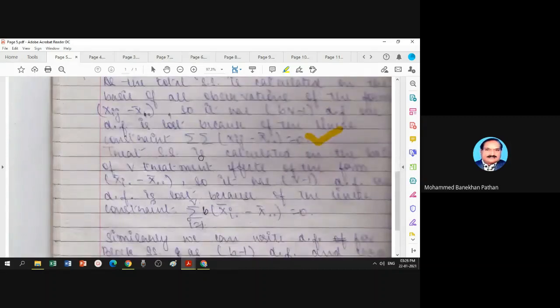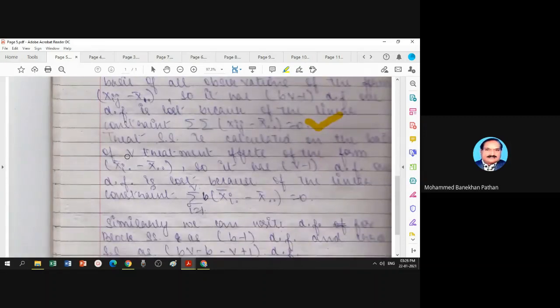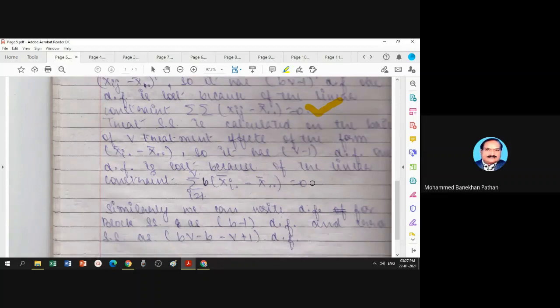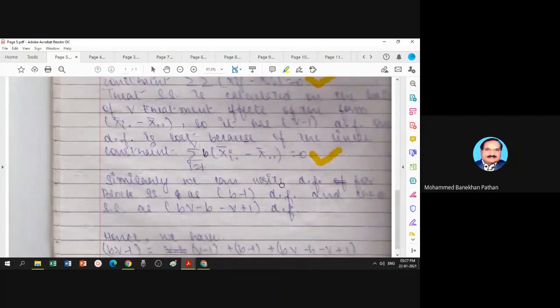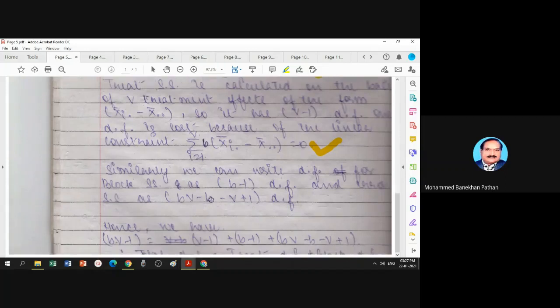Treatment sum of square is calculated on the basis of V treatments, so it carries V minus 1 degrees of freedom. 1 degree of freedom is less due to this constraint. Similarly, we can write degree of freedom for block sum of square as B minus 1. The reason is similar to treatment. One constraint is 0, that's why B becomes B minus 1. And error, quite naturally, BV minus B minus V plus 1 degrees of freedom.